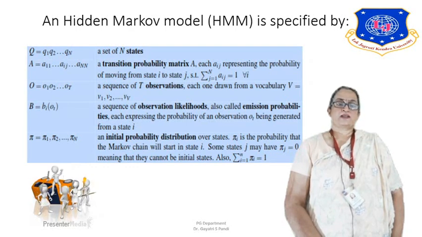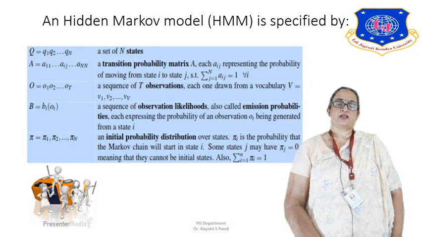So this is basically expressing the probability of observation O_i being generated from state i. And then we have an initial probability distribution pi equal to pi 1 up to pi n, defined over the states, and pi i is the probability that the Markov chain will start in state i.